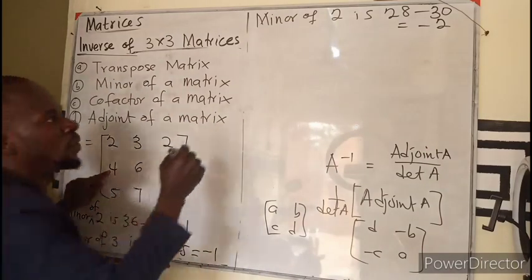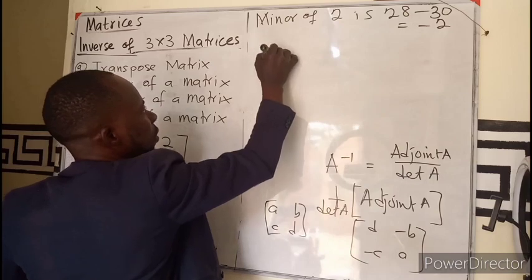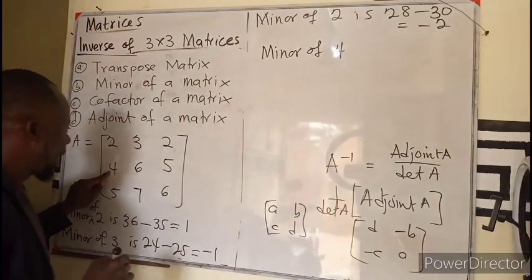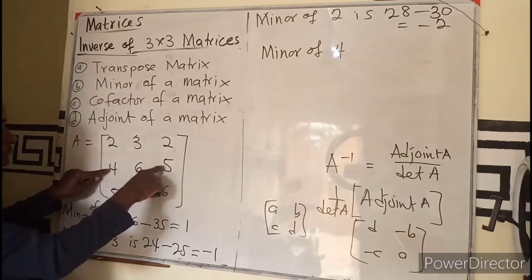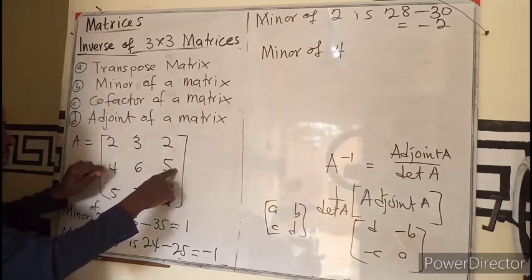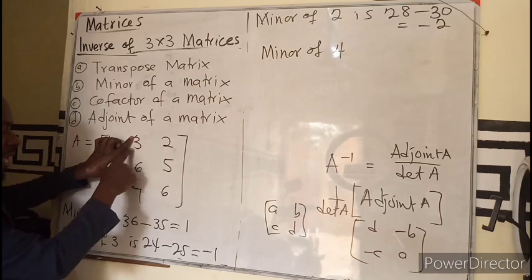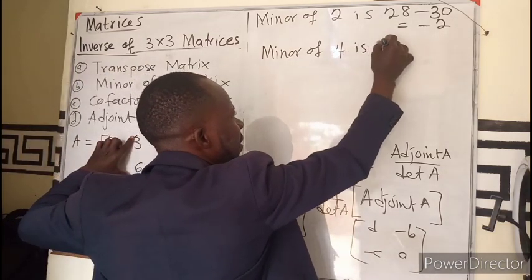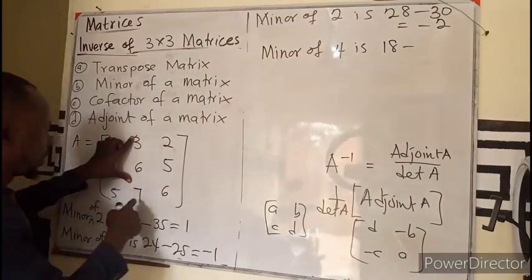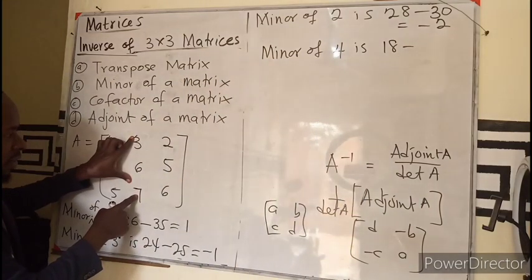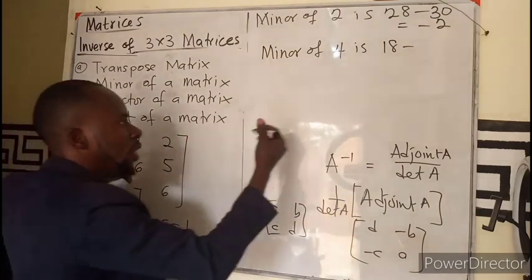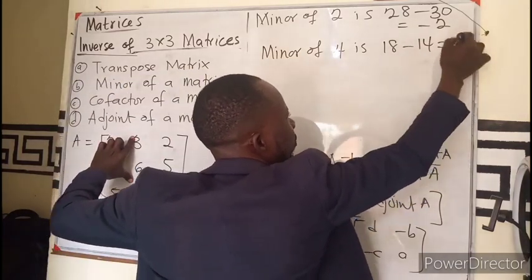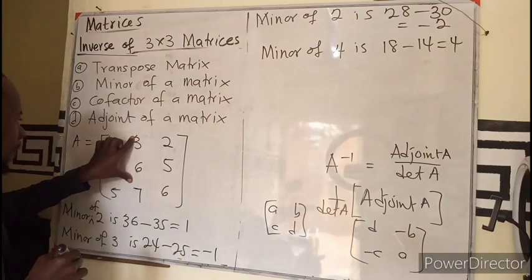Let me go back to 4. So the minor of 4. Cover all this and the top. So I'll be left with 3, 6. 3 times 6 is 18, minus 7 times 2, that will be 14. So I have 4 as my answer.